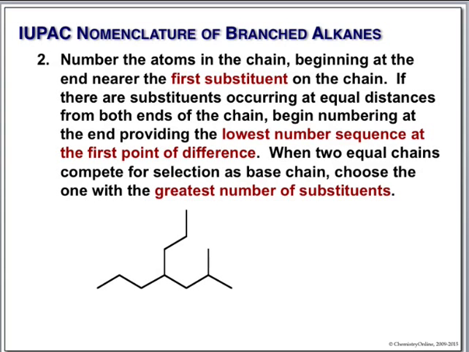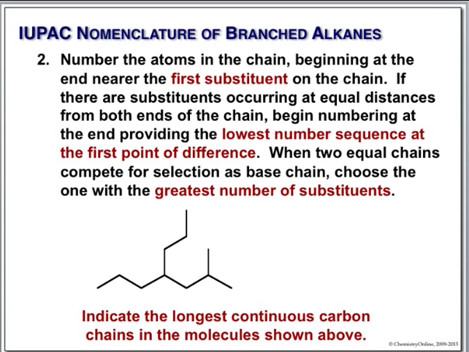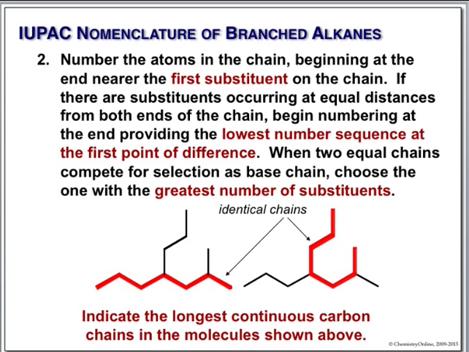Let's look at this molecule. First, we want to find our longest chain. Well, we're going to go this way or this way. Let's see. If we go along the bottom here, we have 1, 2, 3, 4, 5, 6, 7.